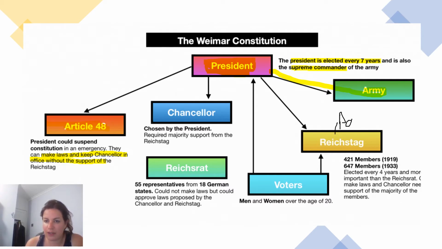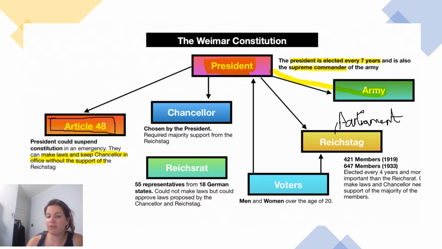I still cannot write on these PowerPoints after 4 weeks, so I apologise, okay? But the Reichstag is essentially the parliament. And usually, in order to get things passed and to make laws, they would need to go through the Reichstag. But if there was an emergency and he decided to implement Article 48, then he could make whichever laws he wanted.